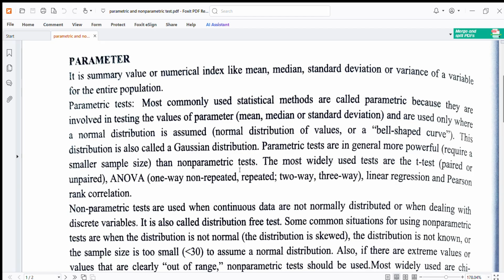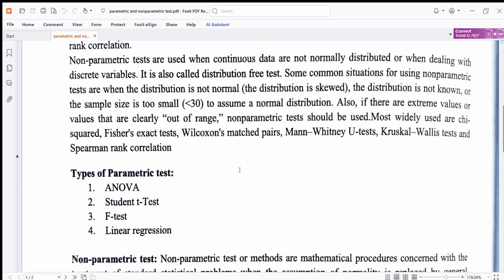Now we come to non-parametric tests. Non-parametric tests are used when continuous data are not normally distributed, and when dealing with discrete variables.